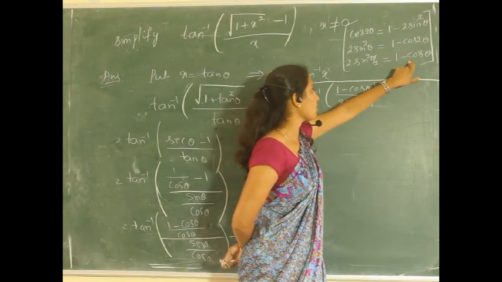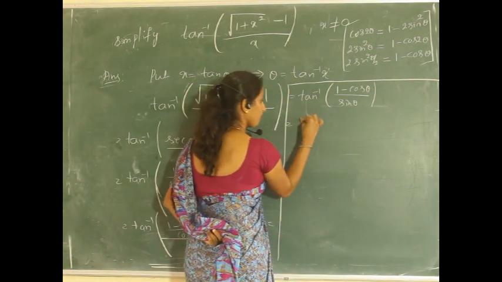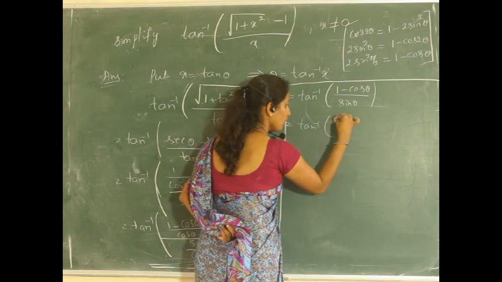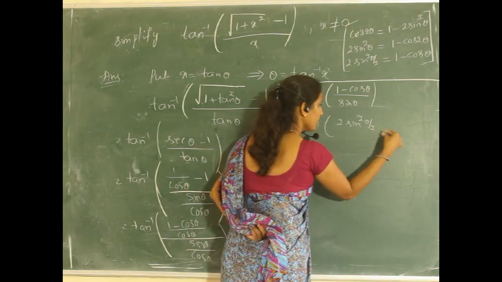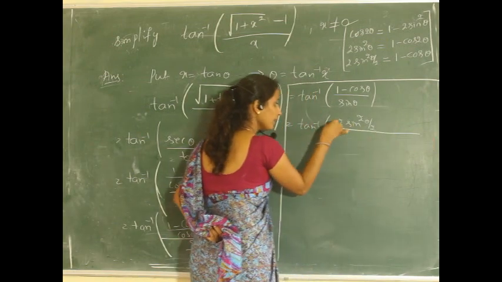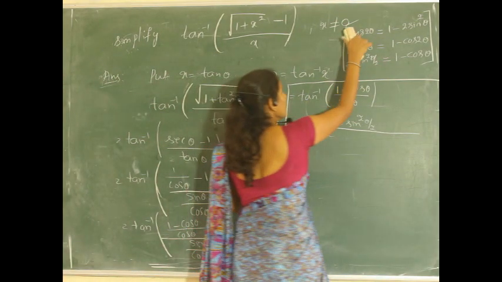Now therefore 1 minus cos theta can be written as 2 sin square theta by 2, divided by this is one result we are using. Again we have some other results.